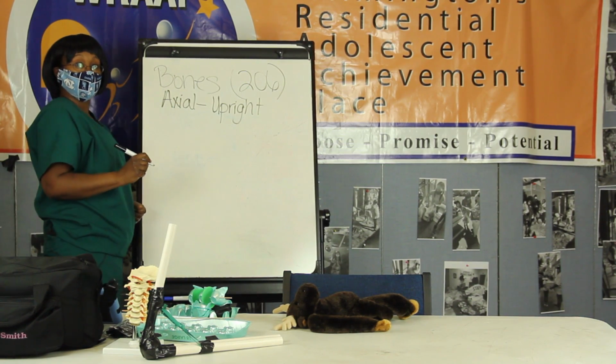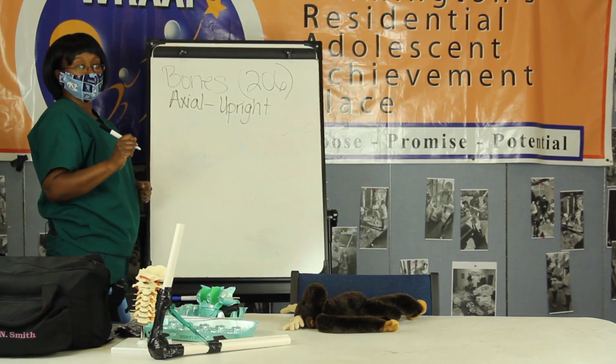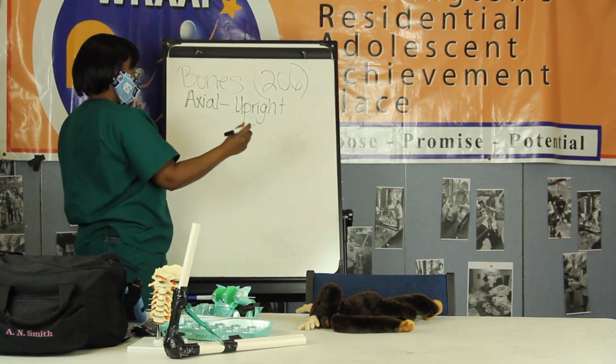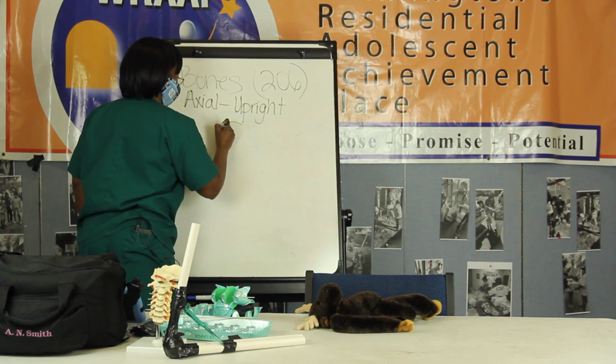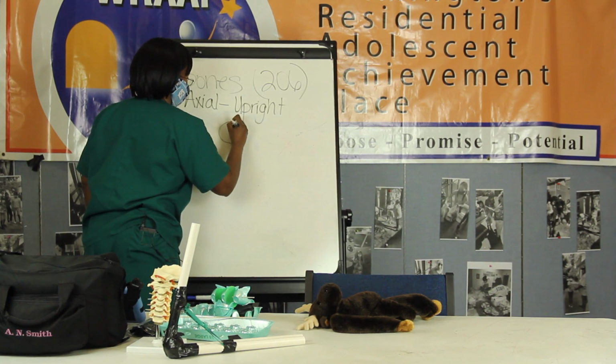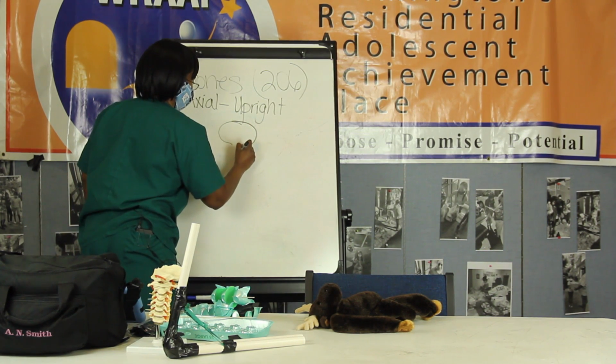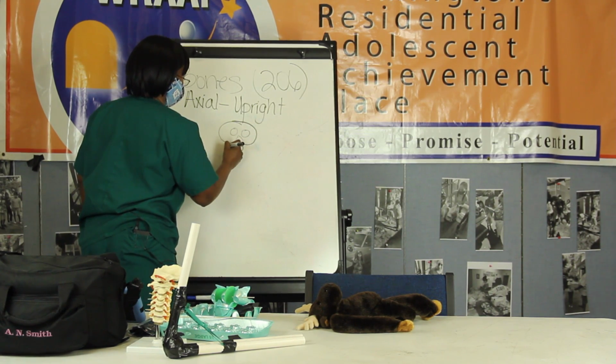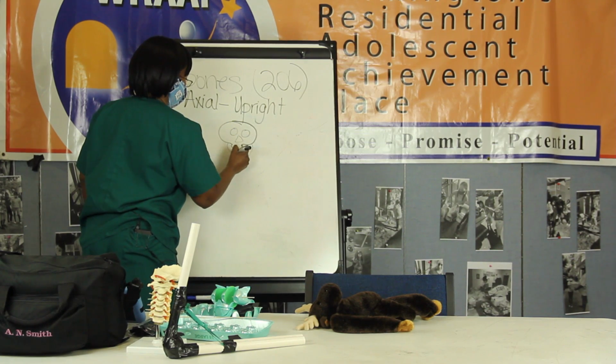So I'm going to attempt to draw, and for you kids, it's okay if you laugh. It won't be the first time. So we have what's called the skull. Here's my attempt at drawing the skull. Holes for your eyes and your nose. And then your bottom jaw.